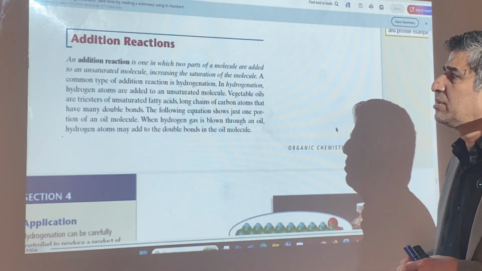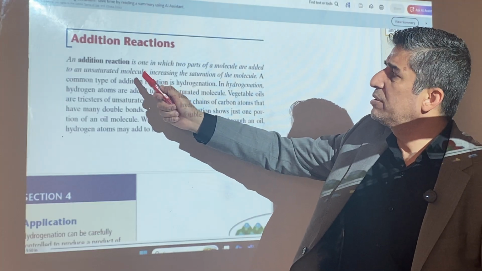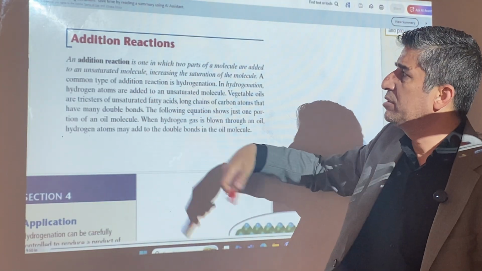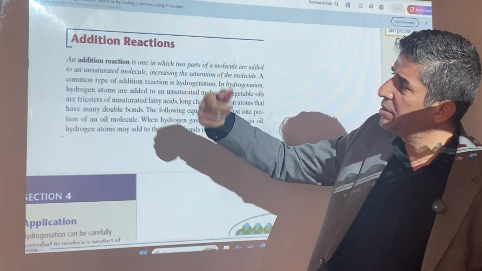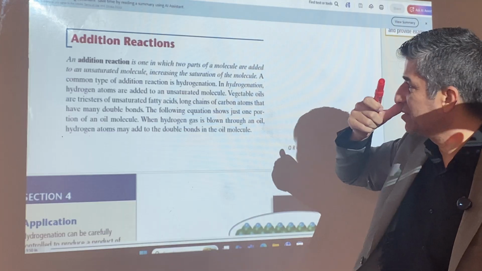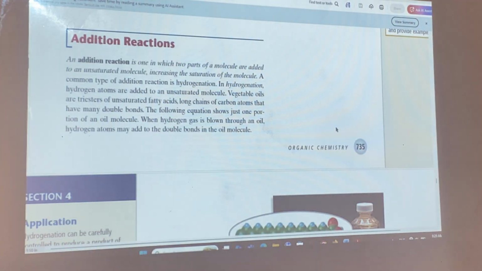The main condition here is that the compound must be unsaturated to have another molecule added to it, increasing the saturation of the molecule. That means the addition reaction increases the saturation of the molecule.